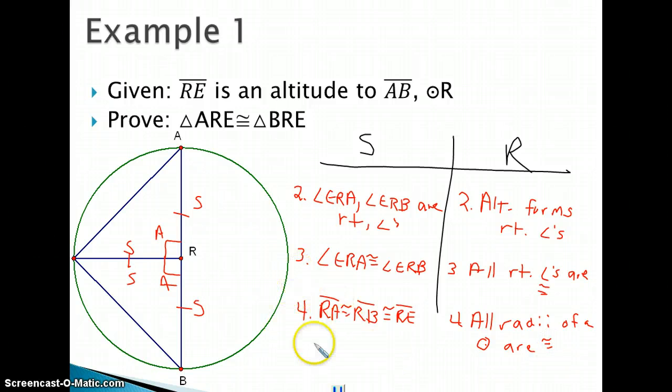And now from there, because I have the pair of angles and then those two pairs of sides, I'm going to say that the triangles ARE and BRE, they have to be congruent. And it's because of SAS.